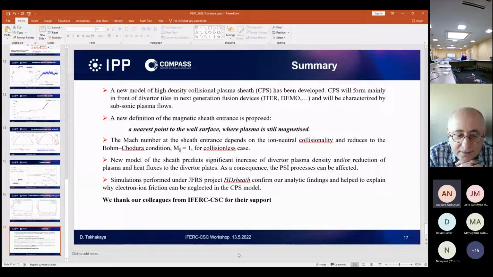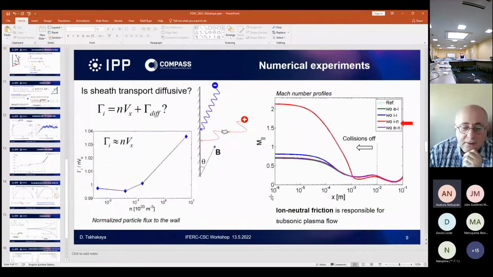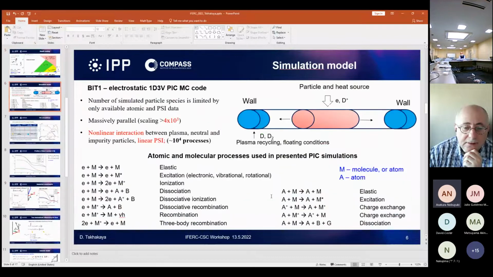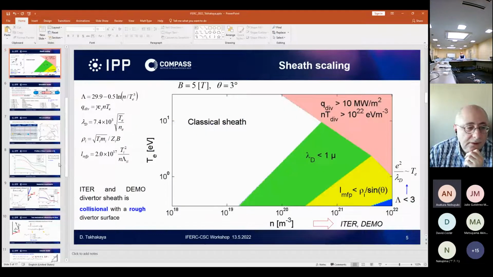Usually we use fluid code calculations in plasma transport, and so my question is about the DEMO calculation case. As you know, the density increases to 10^24 or more, so we are interested in those situations.